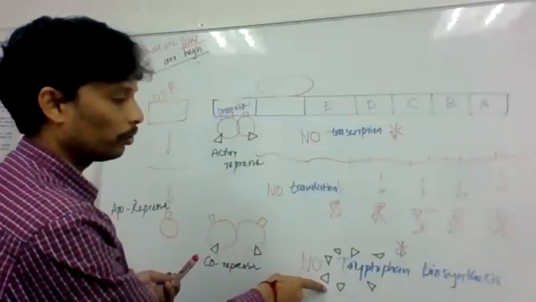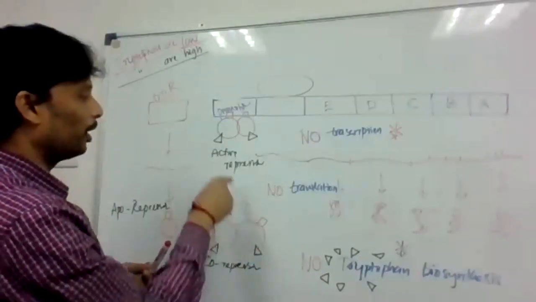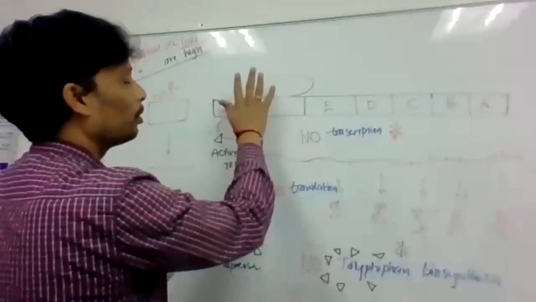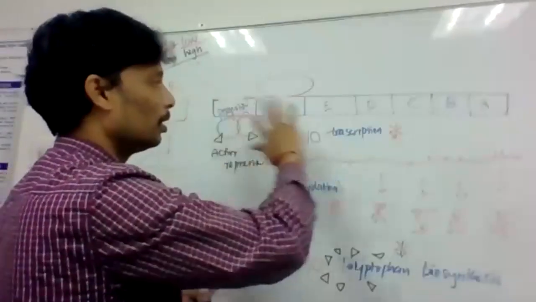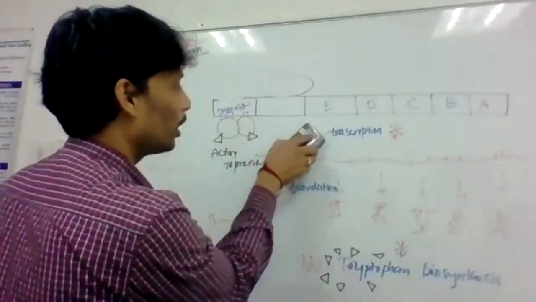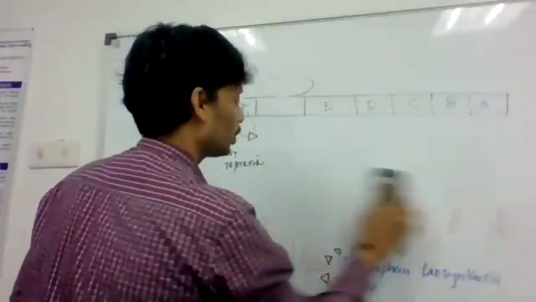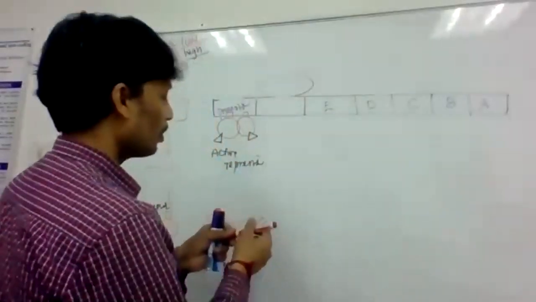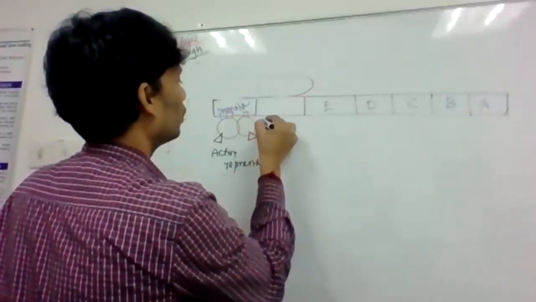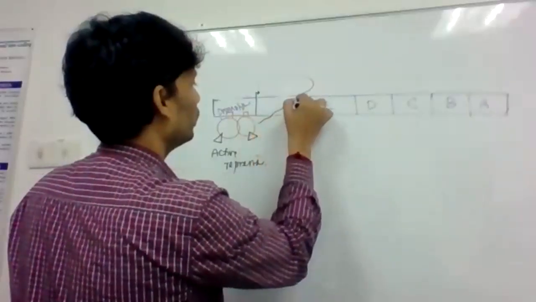When there are already a lot of tryptophan molecules bound to the apo-repressor to make it an active repressor and block the promoter region, by that time some of the RNA polymerases have already bound and started the transcription process. So this is not no transcription, this transcription is still going on. So what happens when the transcription is still going on? The transcription starts from here and is still going on.